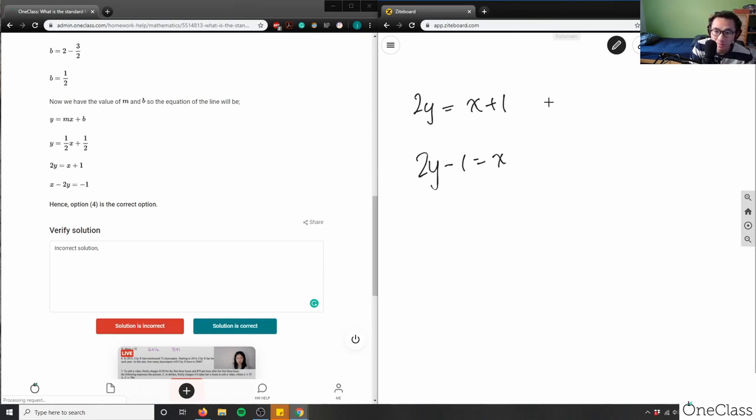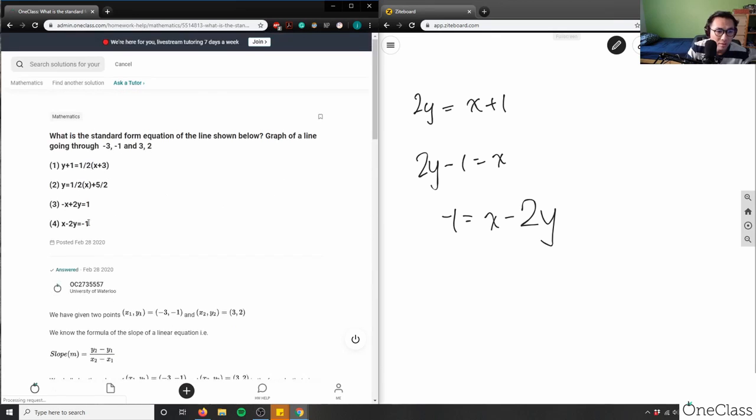So this would be negative 1 equals x minus 2y. Okay, so this actually works. I'm sorry, I was confused. Their math here was correct. This here's 2y, so I have negative 1 minus 2y. This here is correct. However, 3 is also correct, right?